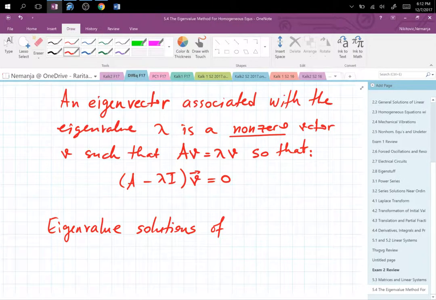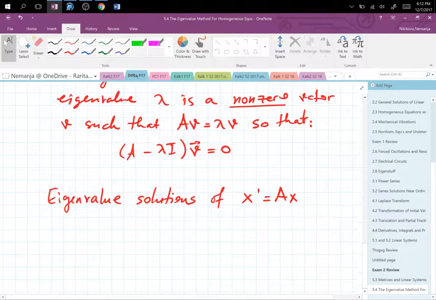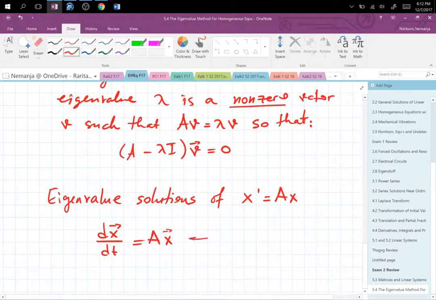So this of x prime equals Ax, and that will go dx/dt is equal to Ax. So this is the problem. I'll just put the arrow. And then x of t is equal to v e to the lambda t is a solution.